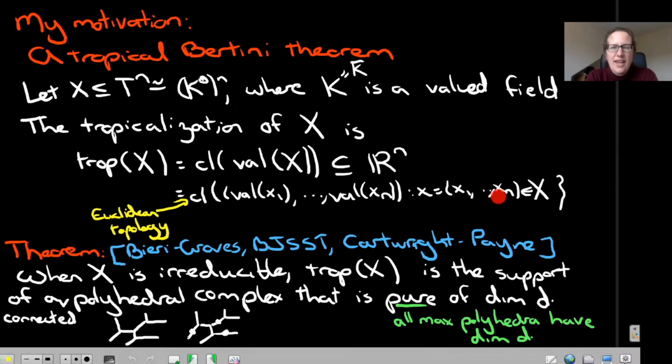A point in X comes as x1 to xn. The xi are elements of my field. So I can take the valuation and I get the valuation of x1 up to the valuation of xn. That's a point in R^n. And so if we do this for every point in the variety, we have a collection of points in R^n, and I can just take the closure in the Euclidean topology.